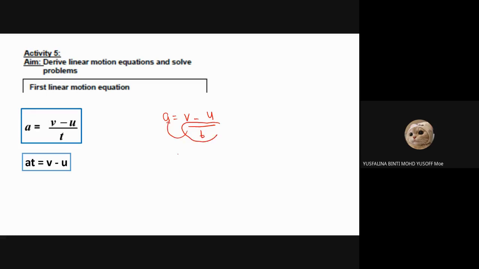When it goes to this side, it becomes multiply by T, so it becomes AT equals V minus U. Then V equals, this negative U, if you change to this side, it becomes U plus AT. So this is how you get the first equation. Are you clear for the first one?